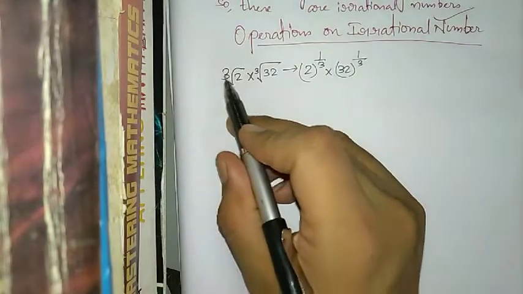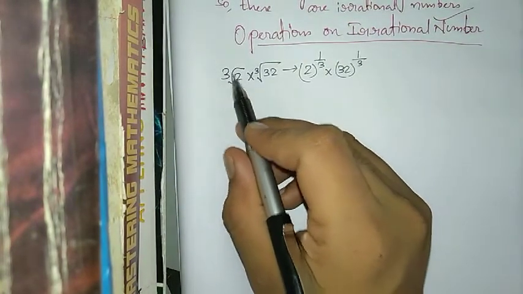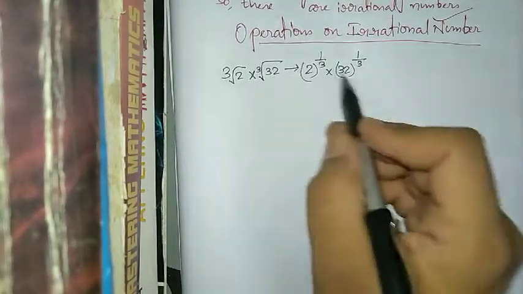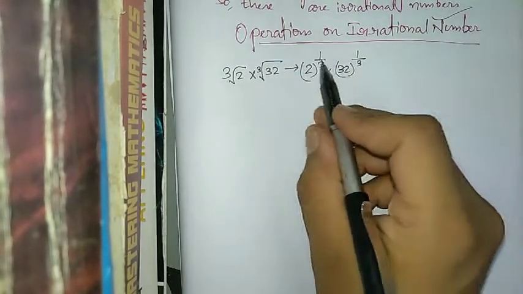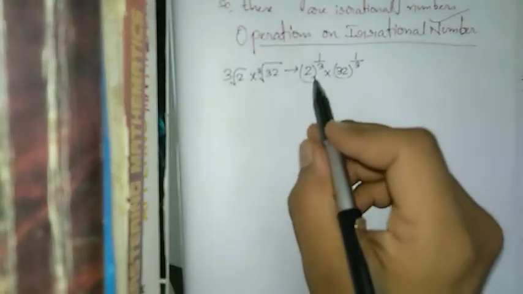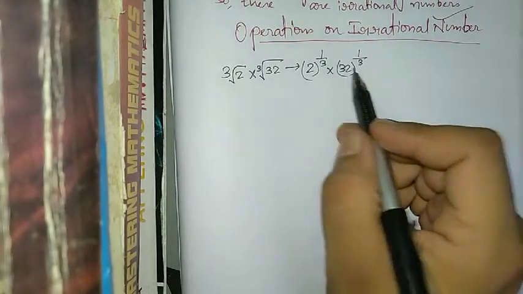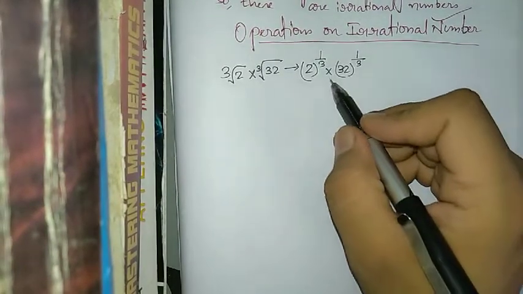Any root, nth root, can be written as a power: cube root of 2 can be written as 2 power 1 by 3, and cube root of 32 can be written as 32 power 1 by 3. You see the bases are different but the powers are the same. Since the bases are different and the powers are the same, we can do it in two ways.